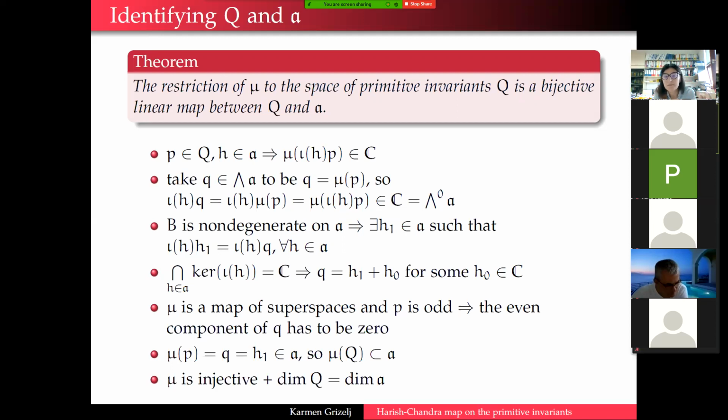In other words, the even component of Q has to be 0.